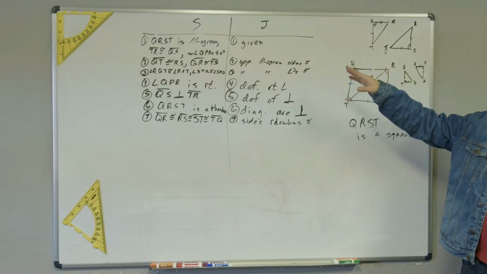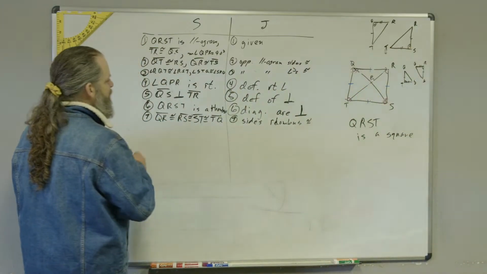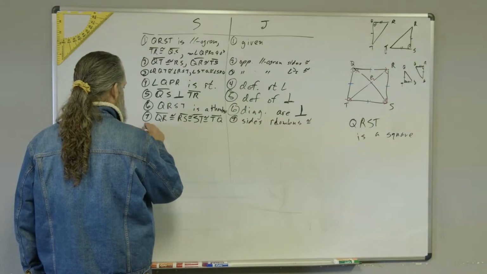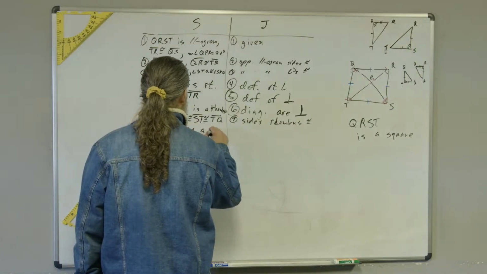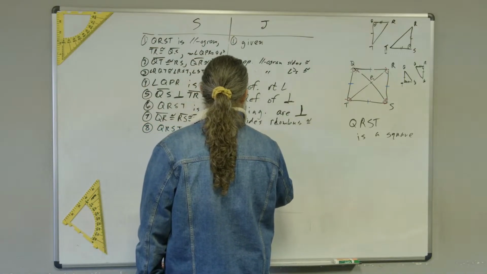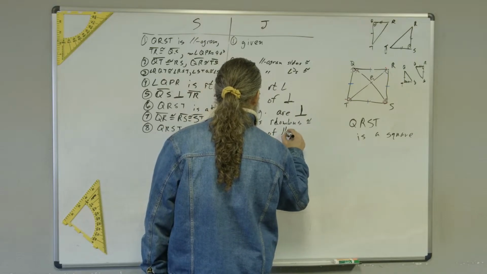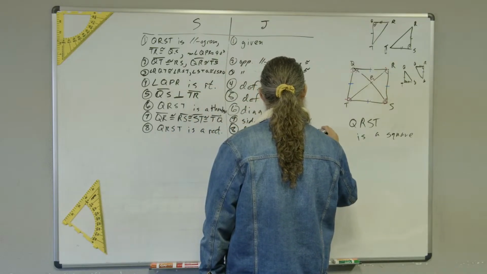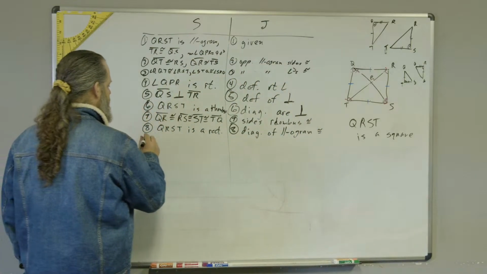We were given at the beginning that the diagonals are congruent. So we know it's a rectangle. QRST is a rectangle. Diagonals of parallelogram congruent. And since it's a rhombus and a rectangle, it's a square, right?